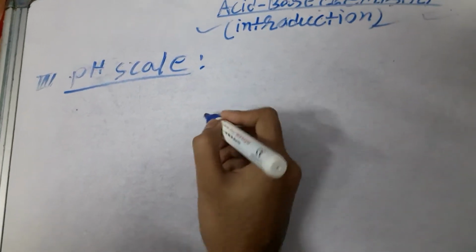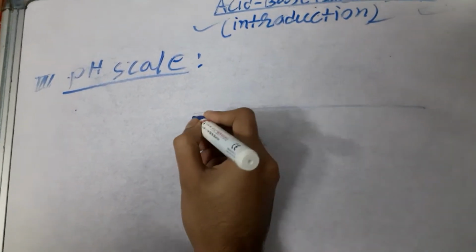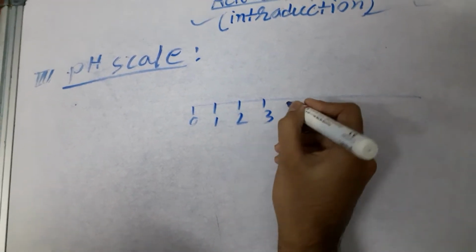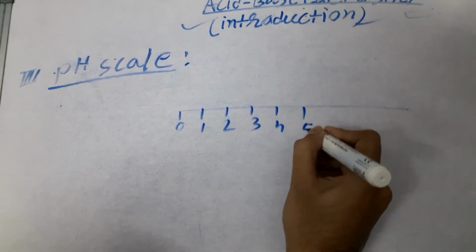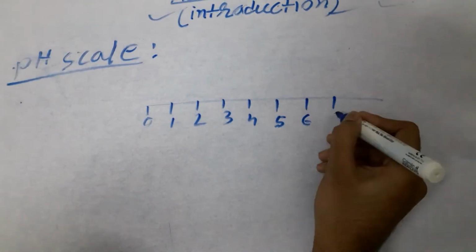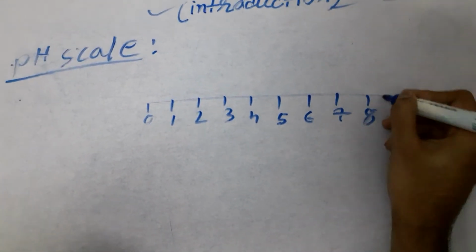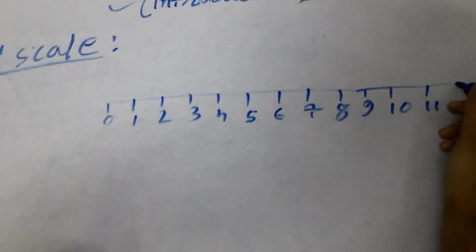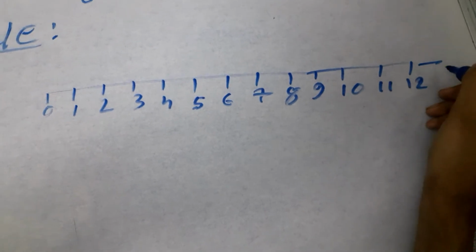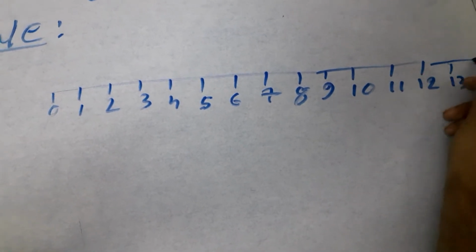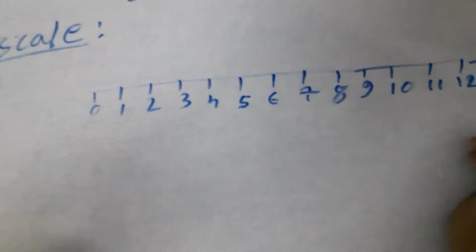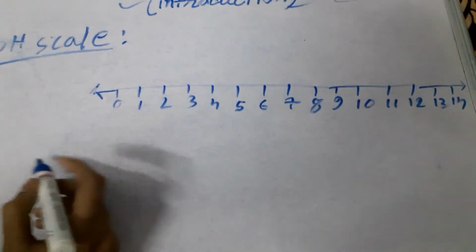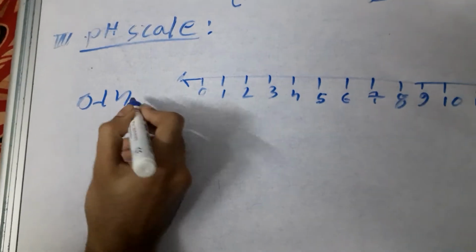The scale is like 0, 1, 2, 3, 4, 5, 6, 7, 8, 9, 10, 11, 12, 13, and 14. It is a scale from 0 to 14.